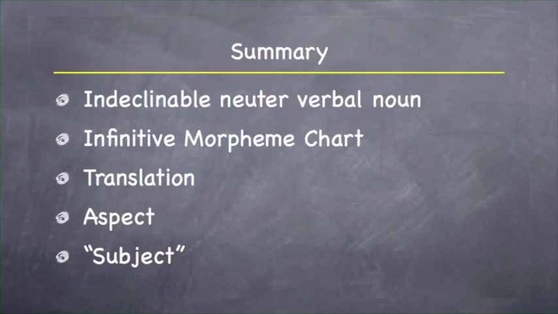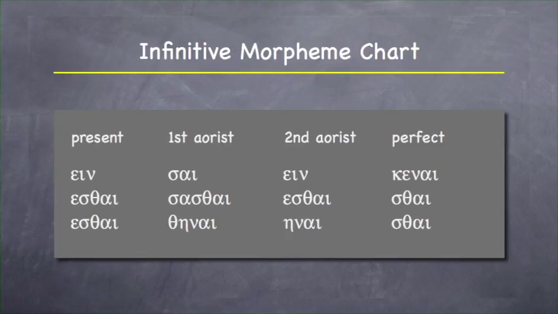So that's pretty good. Well, let's get into our summary. We learned that an infinitive is an indeclinable neuter verbal noun that will often be preceded by the article, and that article will likewise be neuter singular, but it will change its case depending upon how the infinitive is functioning in the sentence. We learned the infinitive morpheme chart. So in the present, the infinitive is ein and esthai, first aorist, sai, sasthai, thenai, second aorist, ein, esthai, enai, and in the perfect, kenai, sthai, sthai.